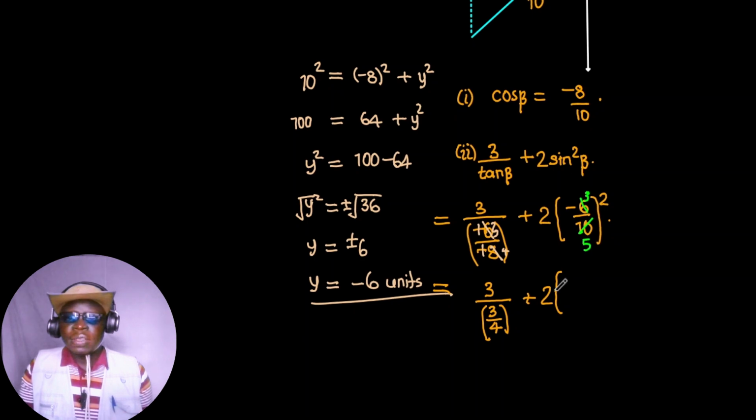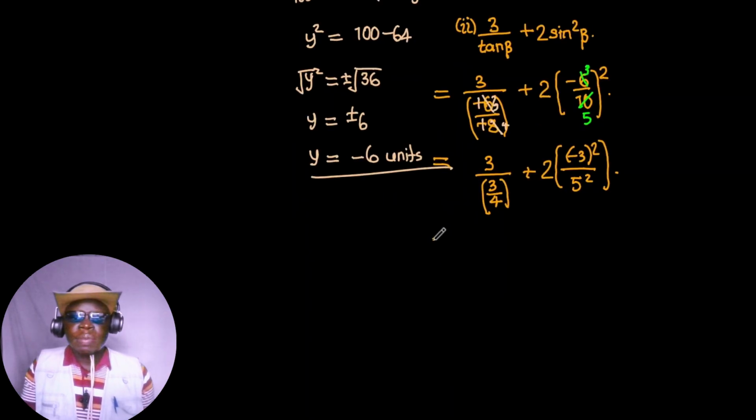Now rewriting this, we have negative 3, and distributing also this power, we have squared all over 5. Also distributing the square, we have 5 squared. The first term here is the same as 3. We can take this 4 up to multiply, and we divide it by 3.